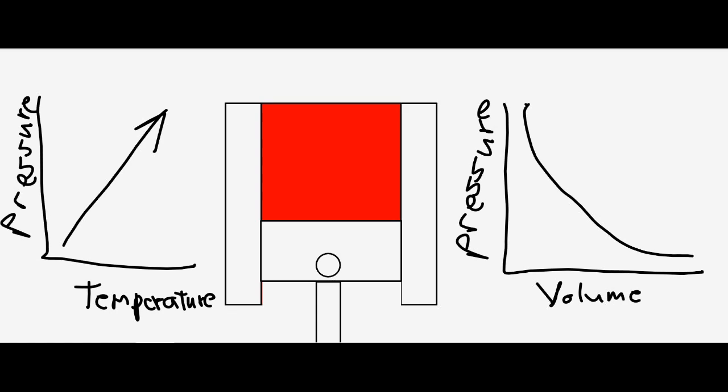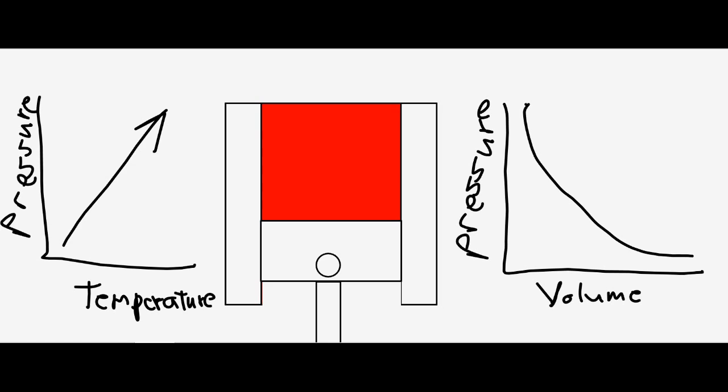But what we've talked about so far is not the part of the cycle where the valves are open. We're just talking about a constant amount of gas. The temperature changes, the pressure changes, and the volume changes.